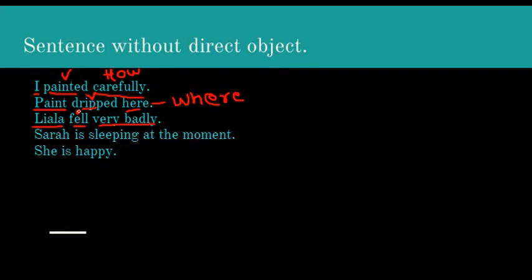Next step, we will ask what? Nothing, you can't fall something. Therefore, there is no direct object. In this sentence, the verb fall is intransitive.